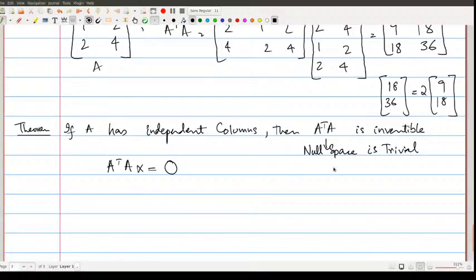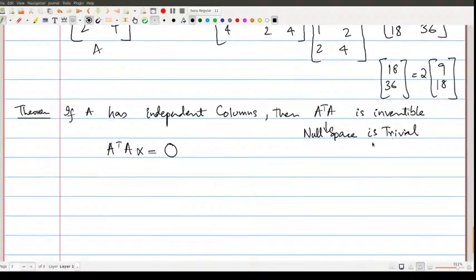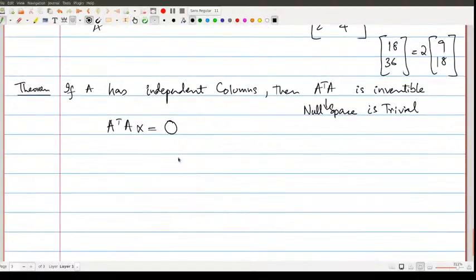These were equivalent statements that I've discussed in several lectures before. So if you don't recall them, you can check out the previous lectures. Invertibility of a matrix is closely related to the null space having only the trivial solution, because if you have multiple solutions in the null space, then the columns are not going to be independent. Okay. How can we get x equals 0 in this case? The way we can get that is to multiply.